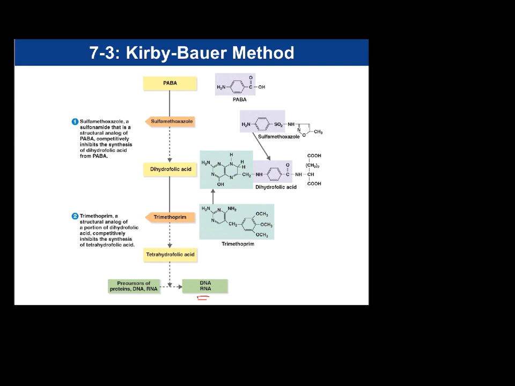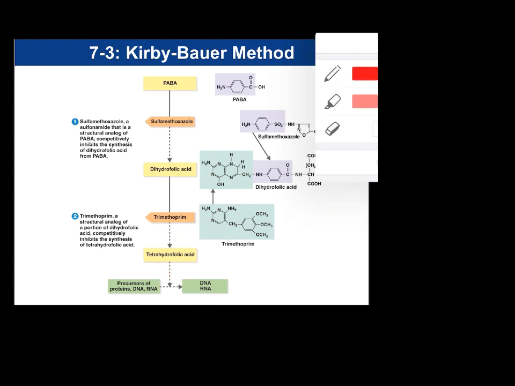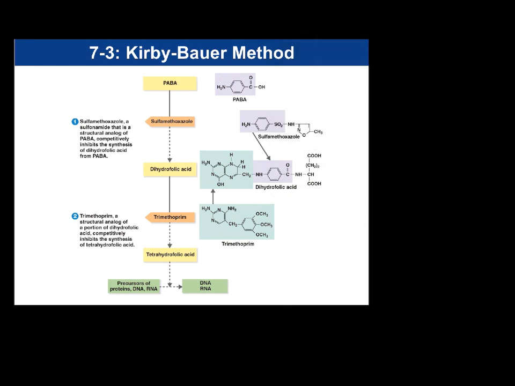So I want us to focus in on the yellow before we focus in on the orange. So the normal metabolic pathway would be PABA going to dihydrofolic acid, going to tetrahydrofolic acid, and then tetrahydrofolic acid would eventually go on to make DNA or RNA. Now, we have two drugs, trimethoprim and sulfa drugs, that, again, a lot of times are used in combination.